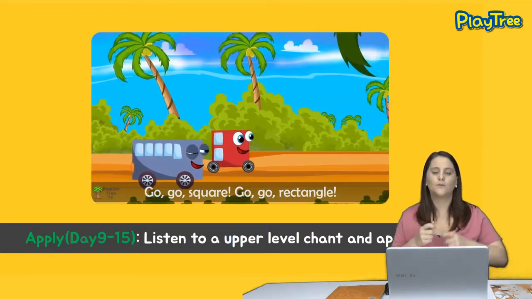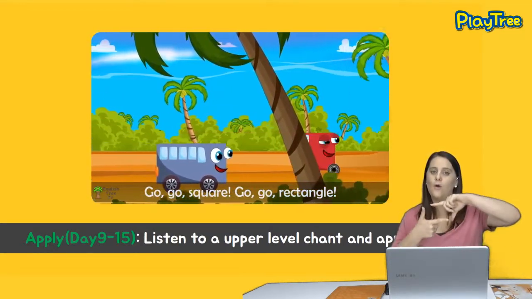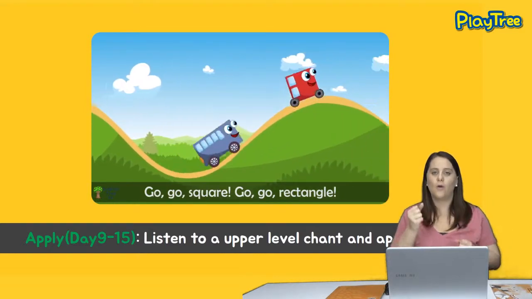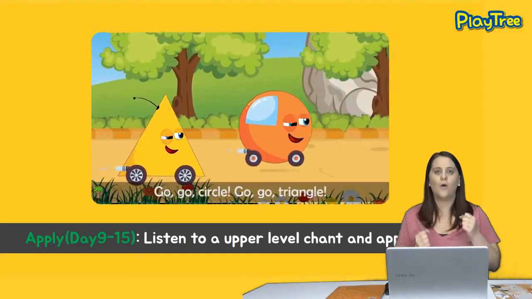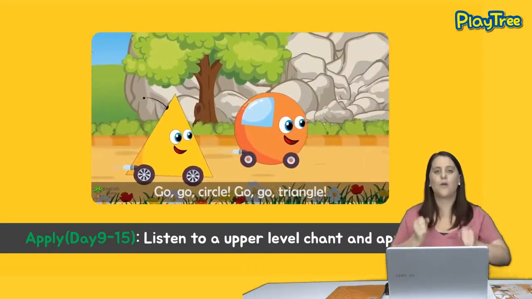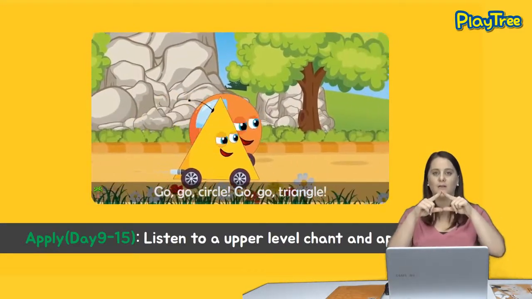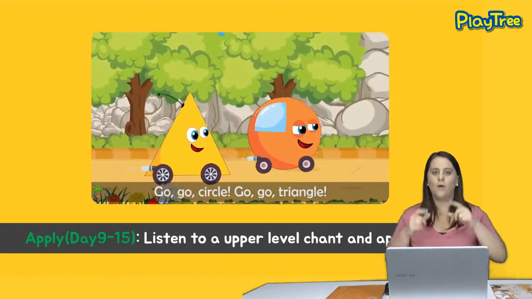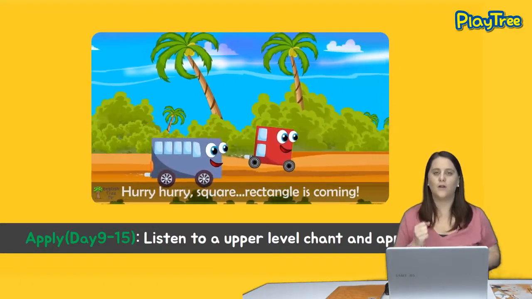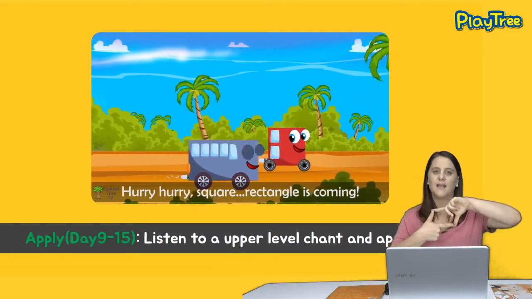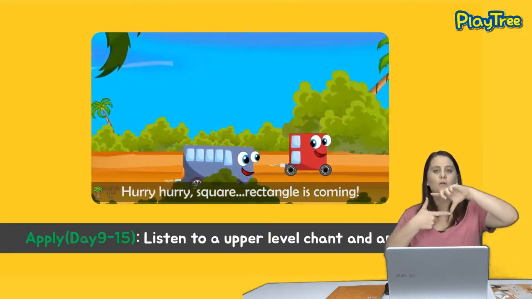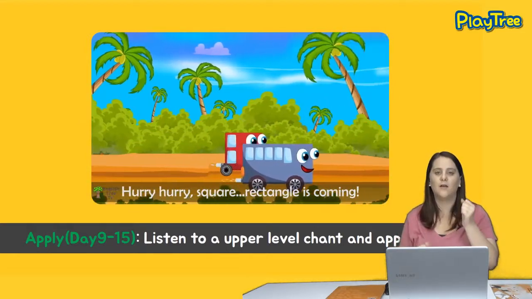Go, go, square, go, go, rectangle. Go, go, circle, go, go, triangle. Hurry, hurry, square, rectangle is coming.